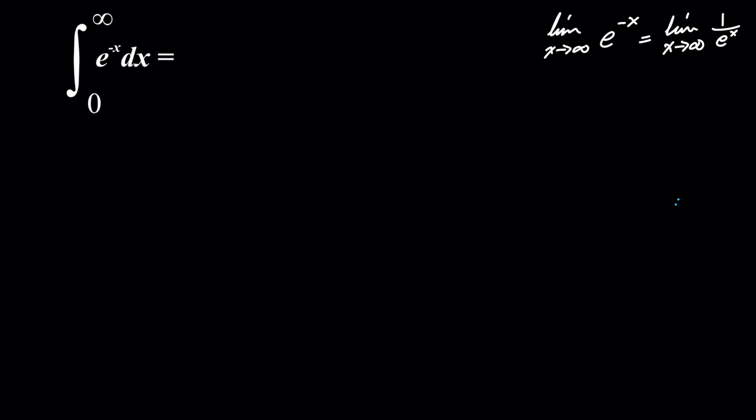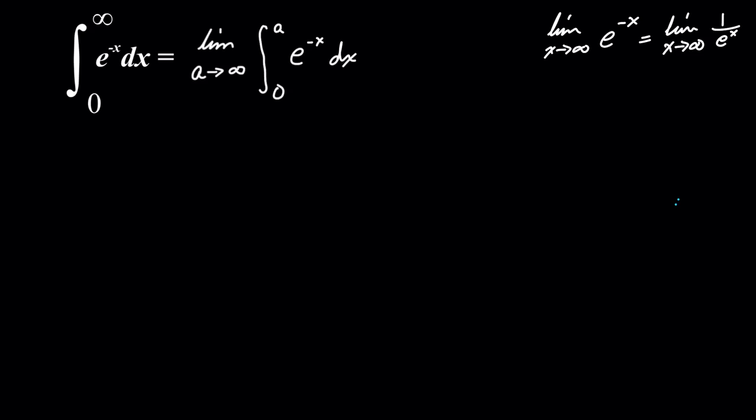All right, so the first thing we want to do is rewrite this problem as a limit problem. So this will be the limit, and I'm just going to use a for our constant. Limit as a approaches infinity from 0 to a of e to the negative x dx.